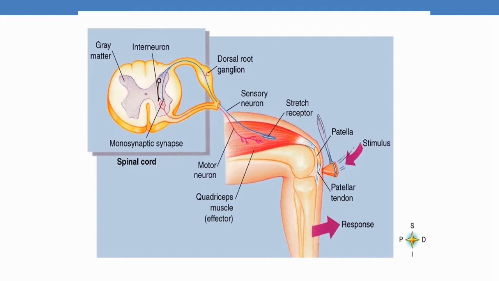There, a monosynaptic synapse takes place with the associated motor neuron, and the motor neuron then through its axon goes back to innervate the quadricep muscle. And all the muscle cells that are innervated by this one particular motor neuron are known as a motor unit.